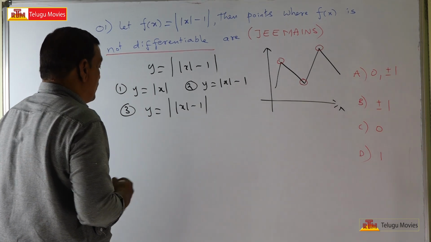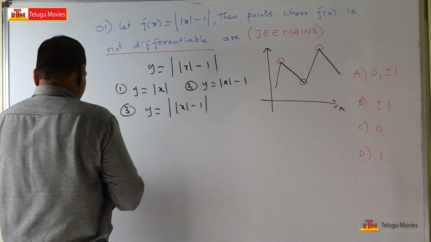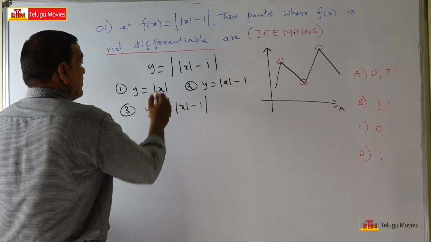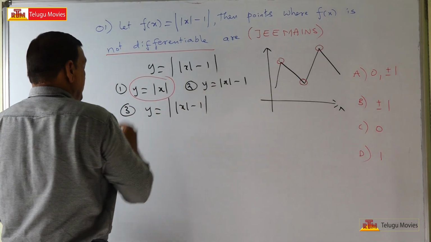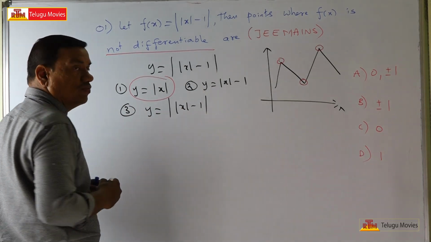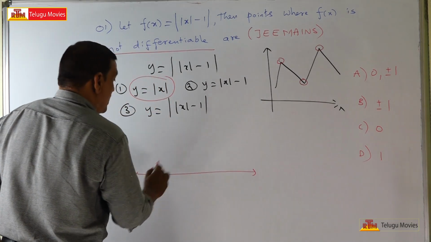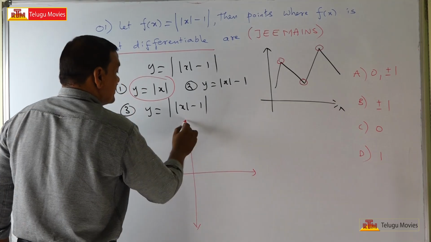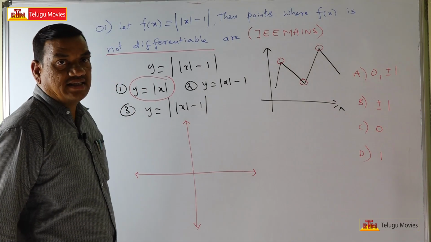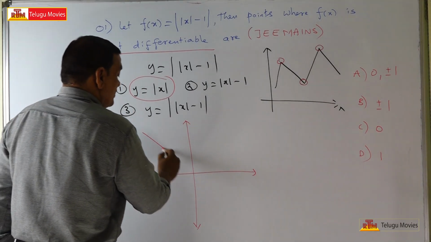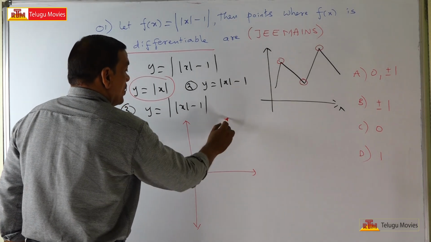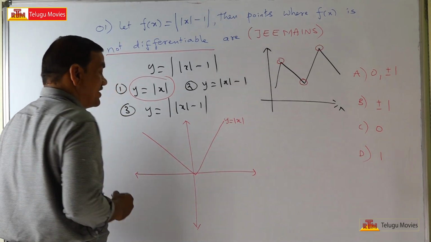Then how to draw this graph? All of you look at the board. First, the y is equal to mod x graph. Everybody knows this is the x-axis and this is the y-axis. This is the y is equal to modulus of x graph.